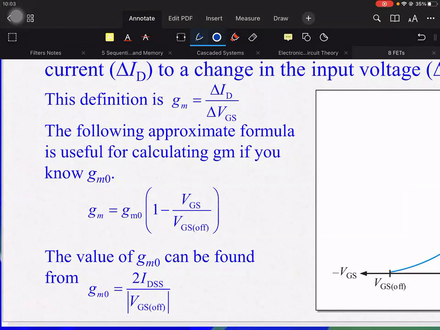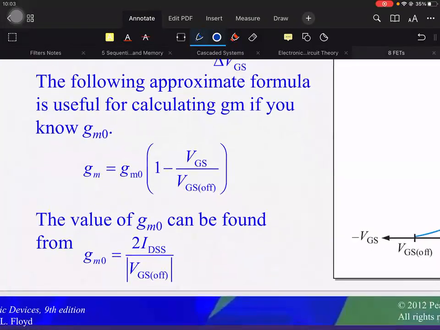So where is GMO? It's this one. GMO is 2 times IDSS over the absolute value of VP. Again, VGS off is equal to VP.